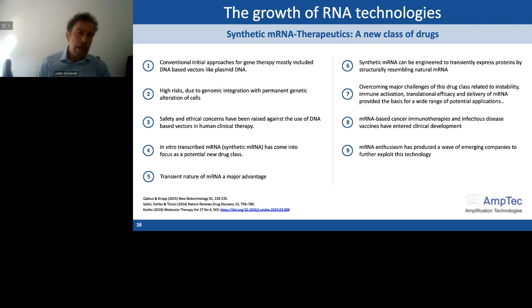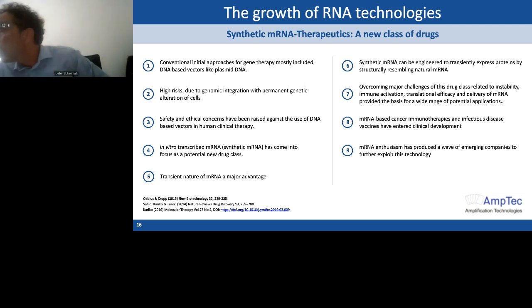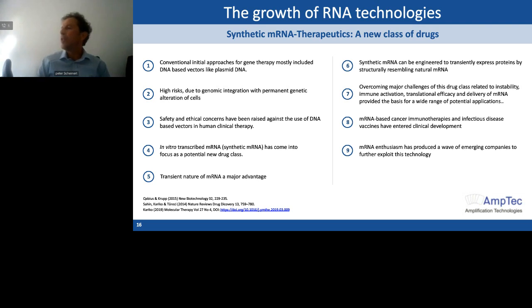And so in the last years, mRNA has become more and more the topic in the focus of research interest. And the major advantage of mRNA is its transient nature, which means that mRNA is only used or consumed in the cytoplasm.